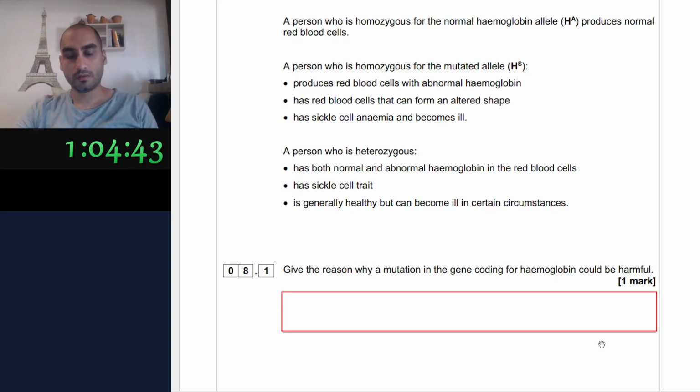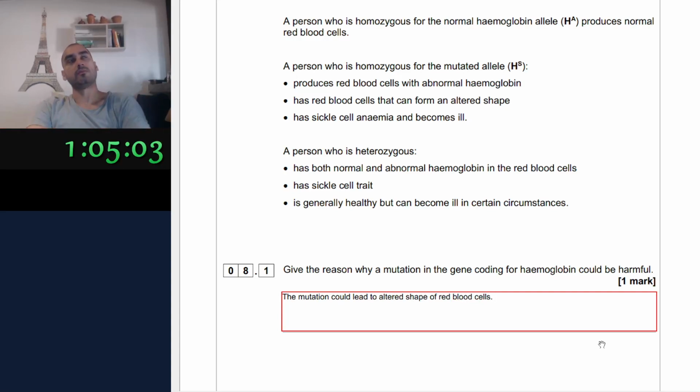I don't know. The mutation could lead to altered shape of red blood cells.